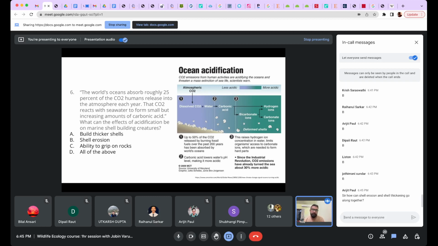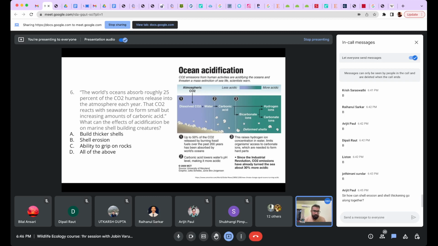And some of the sea creatures, because of high water movements within the sea, lose their ability to grip on the rocks because of the acidity in the water. So the answer is all of the above.